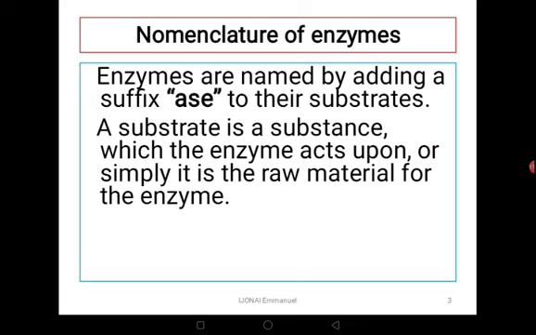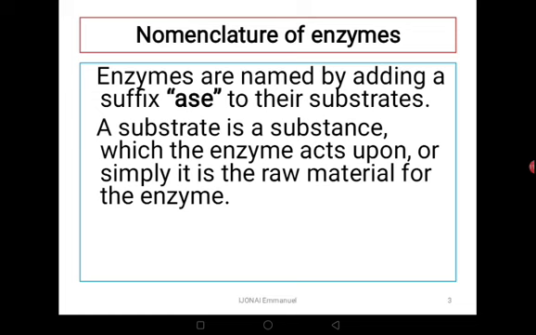A substrate is a substance which the enzyme acts upon, or simply a raw material for an enzyme. So when you know the name of the substrate, at the end you replace the last letters with "ase", then you have the name of the enzyme.